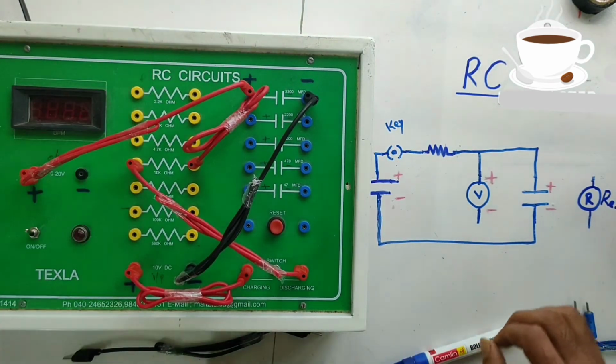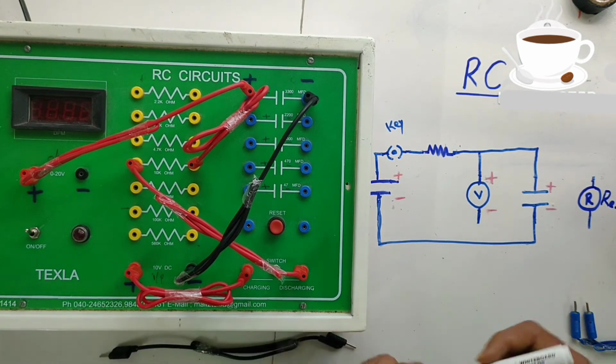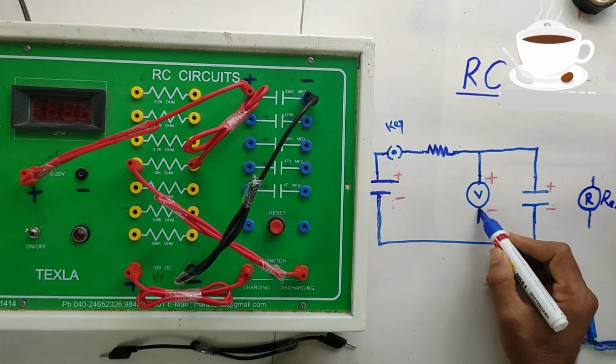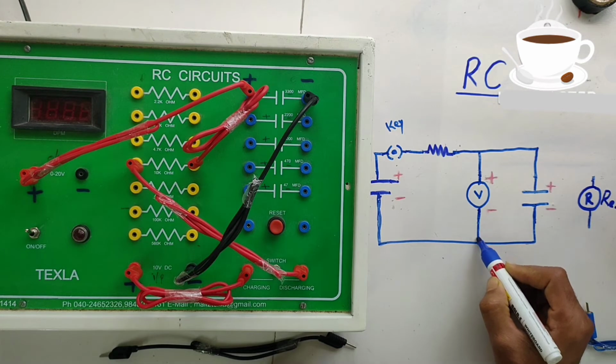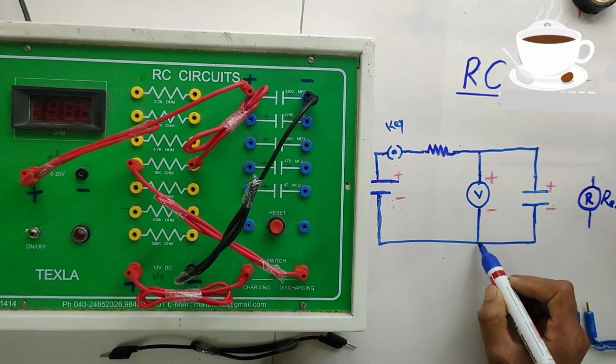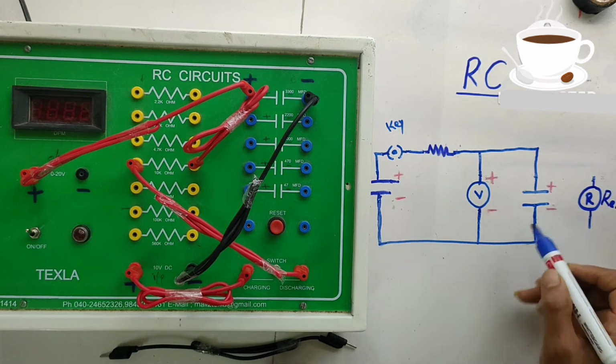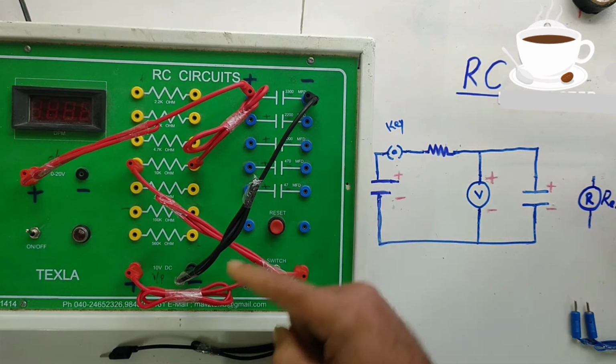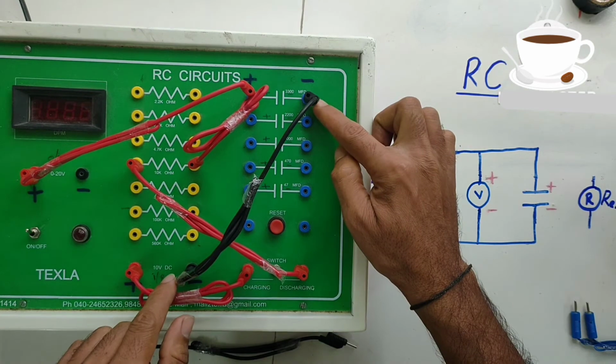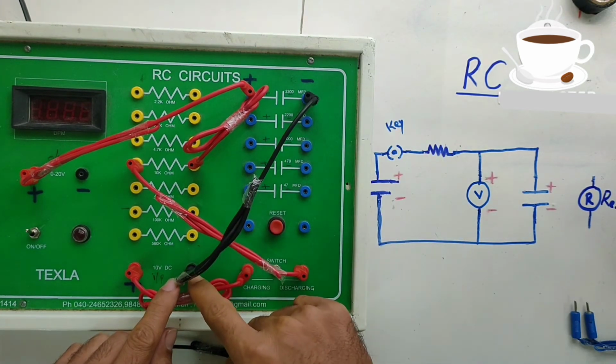Okay, next the voltmeter negative. I connected it here where the battery negative and the capacitor negative touch. See in that board, this is the capacitor negative and this is the battery negative.